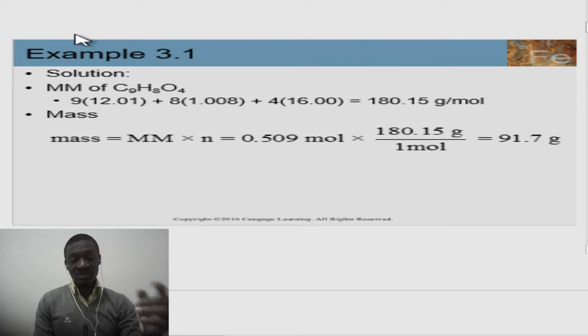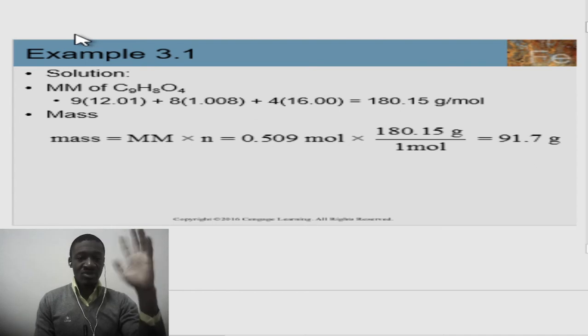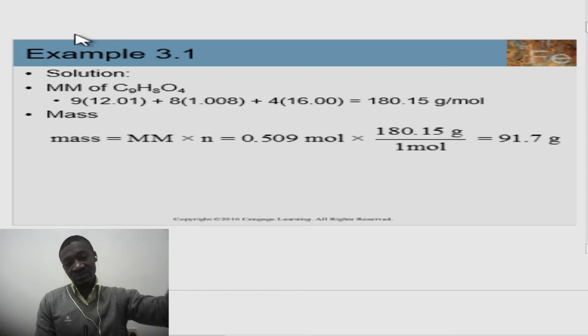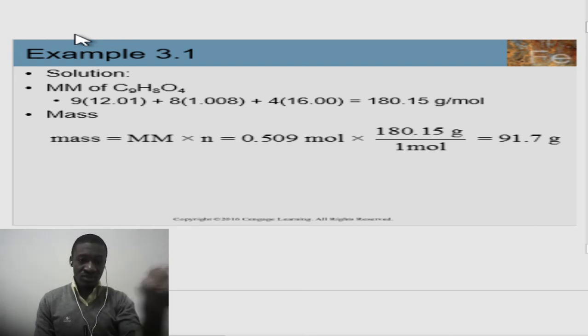If you have 9 carbons, 9 multiplied by 12 is what will give you the total mass of carbon. And then you do the same for hydrogen and the same for oxygen, and then you total them up together, and then you have your molar mass.